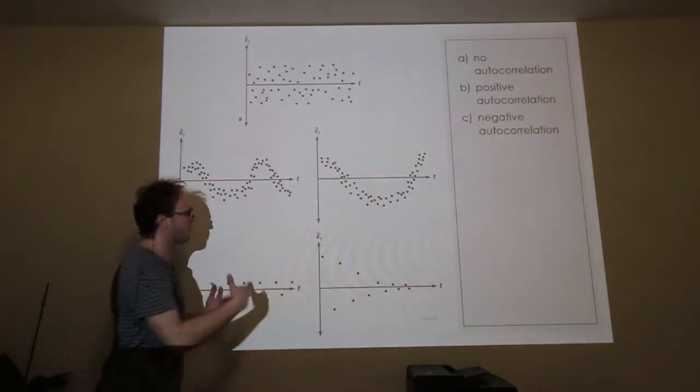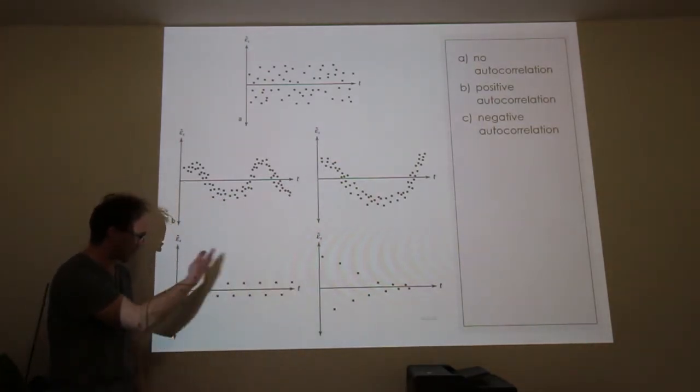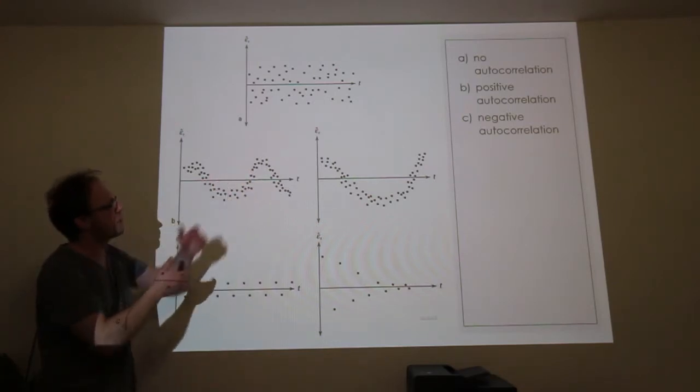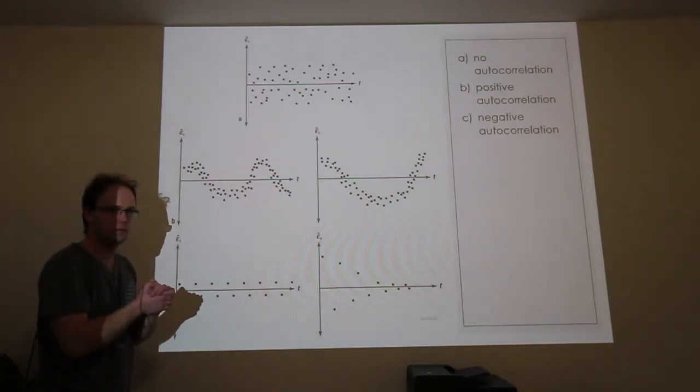So on the bottom we have a typical representation of negative autocorrelation.